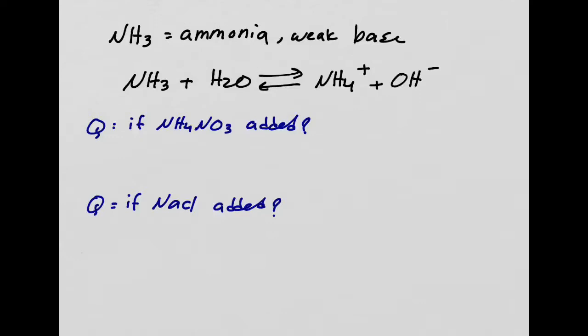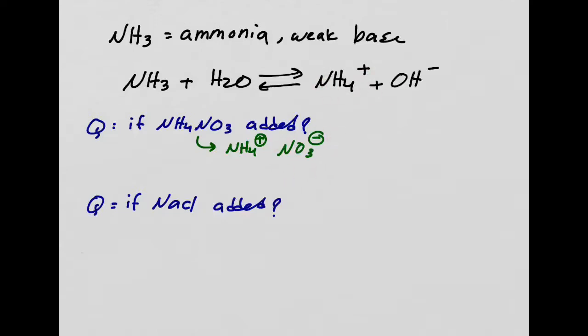So if I add ammonium nitrate, now you've got to remember that ammonium nitrate in water is just ammonium plus and nitrate minus. Nitrate doesn't really do anything. It's just a spectator. It's not one of the common ions. It's a spectator. It's not going to do anything. But ammonium over here, it matches over here. It's a common ion. Nitrate doesn't matter.